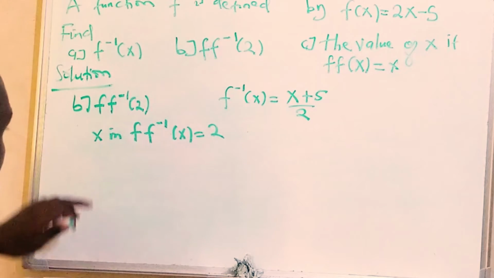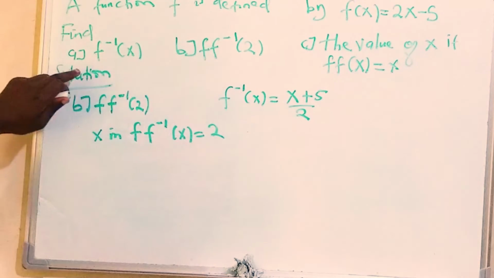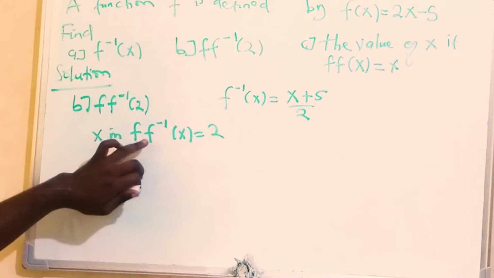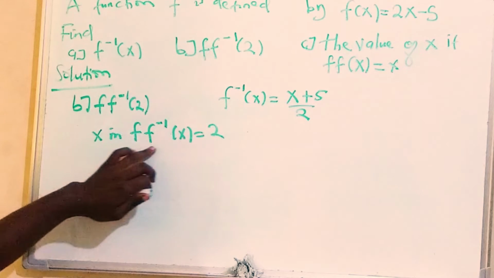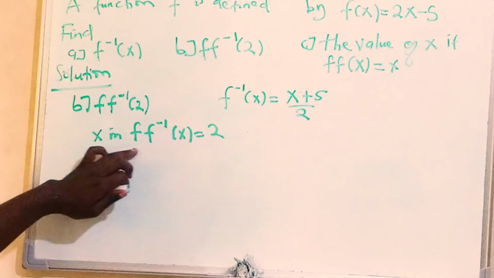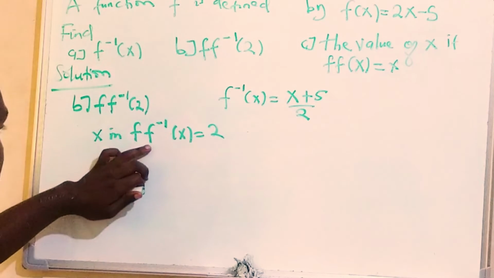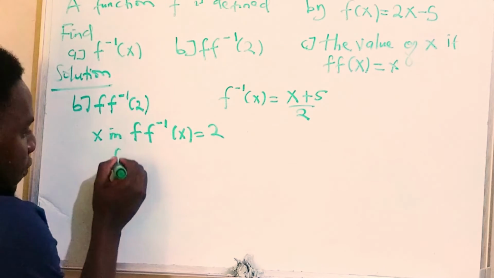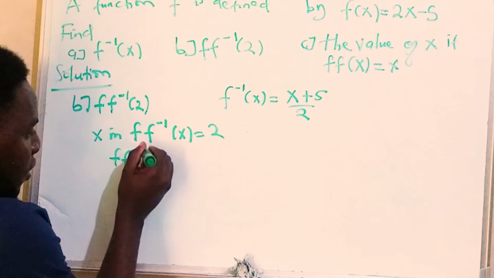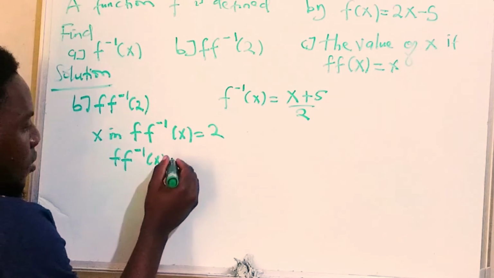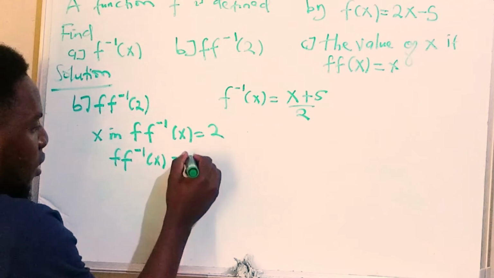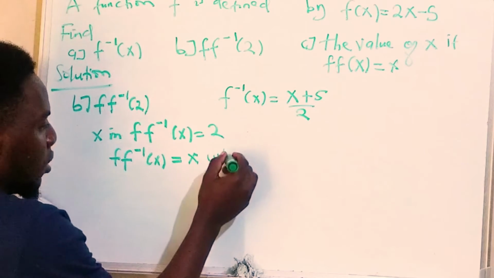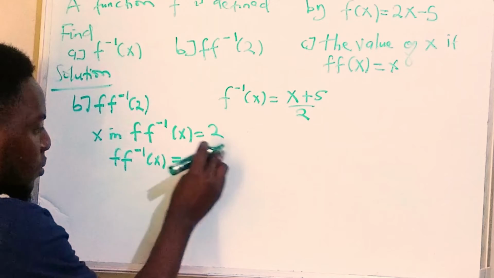Now you realize that in the first example we didn't find what this composite function, f of f inverse of x, is. So we need to first look for f of f inverse of x.